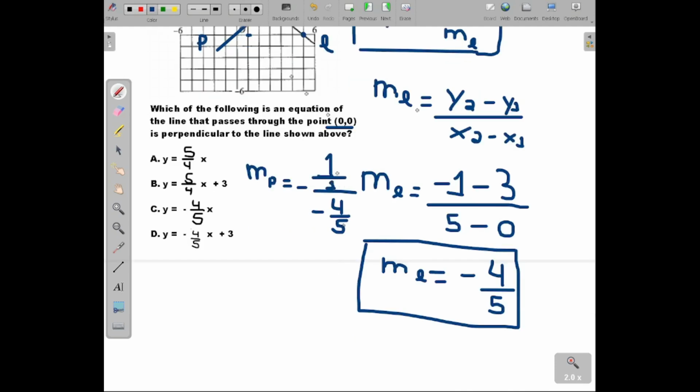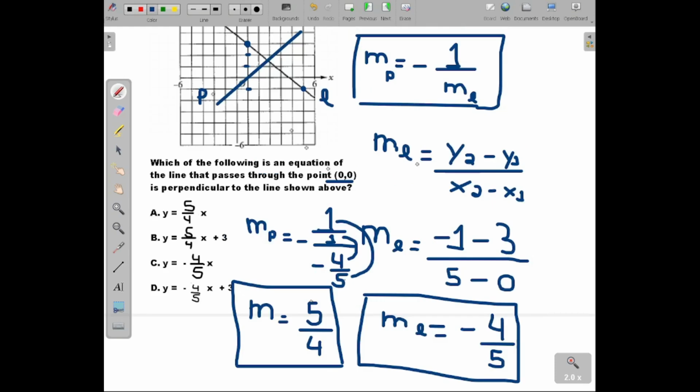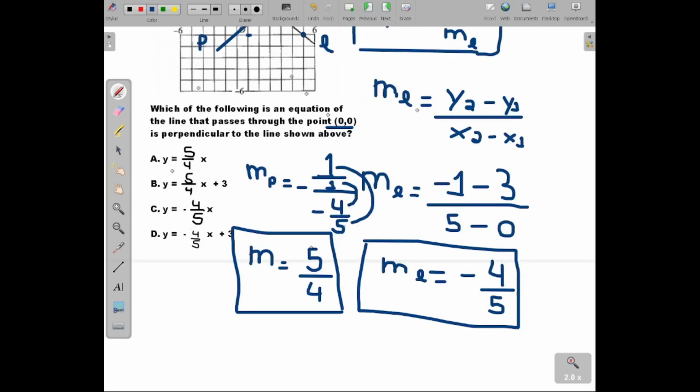We could multiply 1 times 5 and 1 times 4. Negative times negative will become positive. We'll obtain 5 in the numerator divided by 1 times 4, which is 4. Therefore, this is the slope of the line P, and the equation of the line is the same as option A.